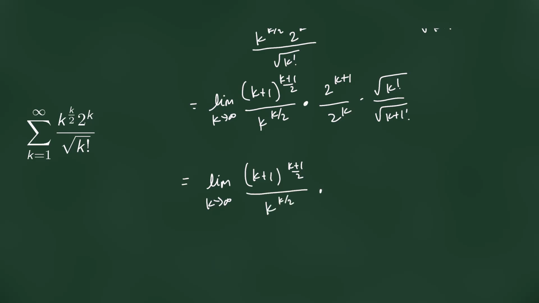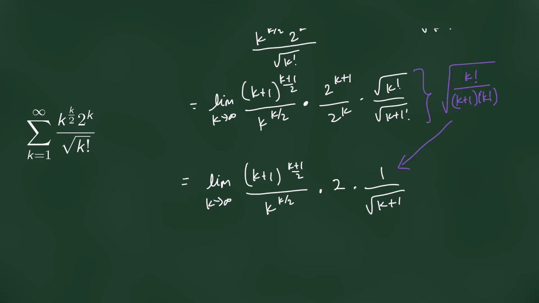The second piece simplifies to just be 2, because the k plus 1 in the exponent, we can subtract and get 1. And then over here we have 1 over the square root of k plus 1, because this piece right here is the same thing as the square root of k factorial over (k plus 1) times k factorial. So that simplifies to be 1 over the square root of k plus 1.